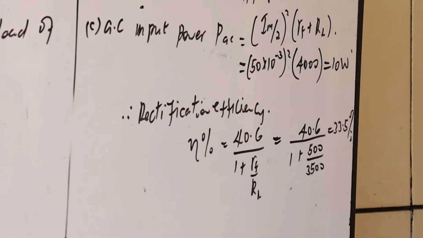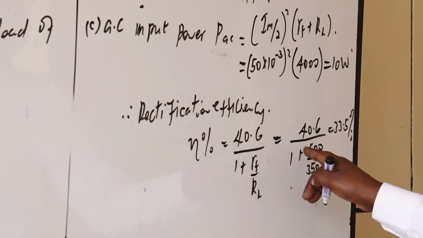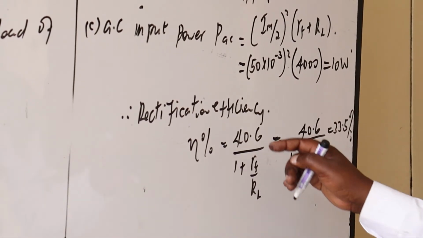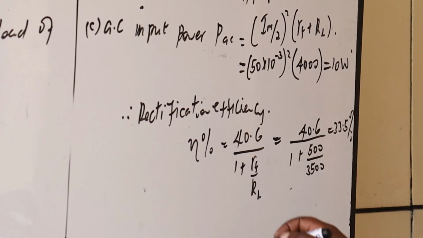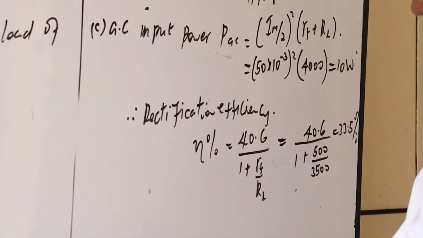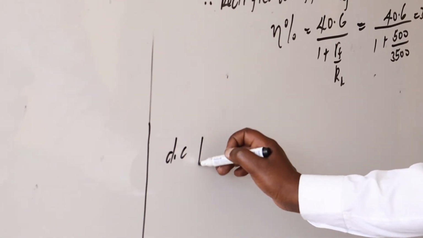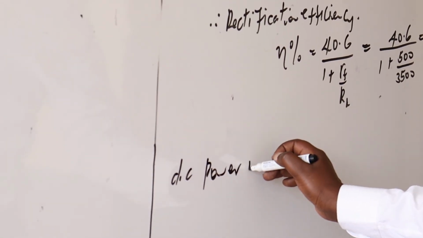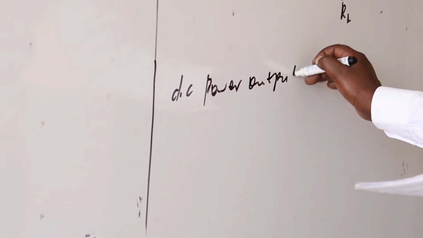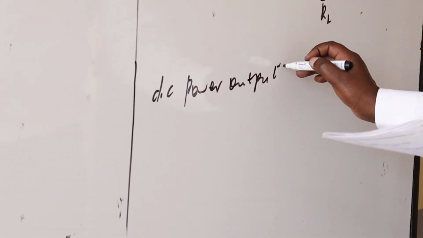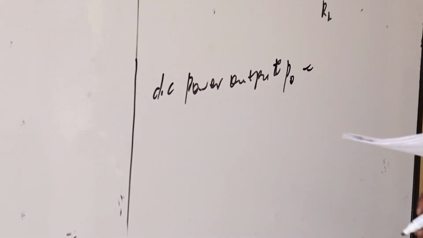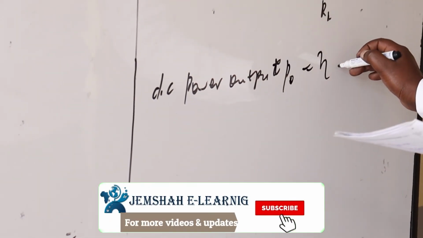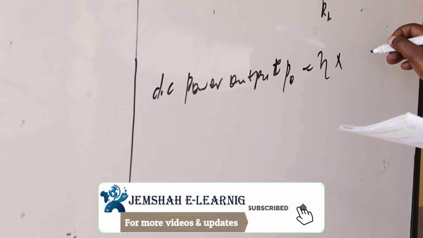So having known that, we can get the DC power output, because we know that efficiency is the DC power output all over the AC input power. So the DC power output, that is what we call P naught, is the efficiency times AC power input.